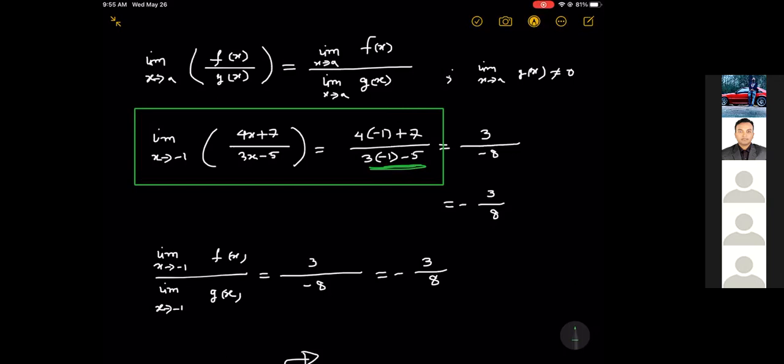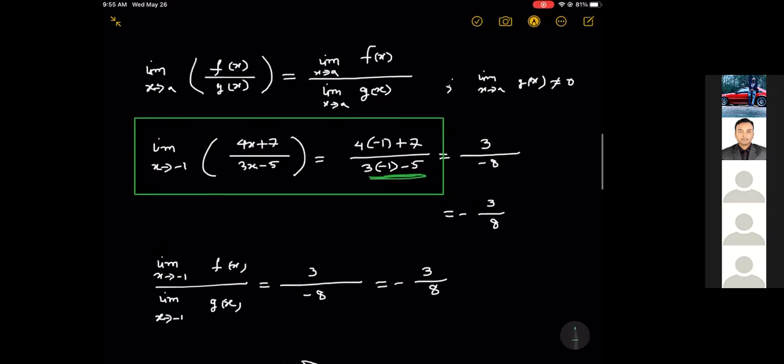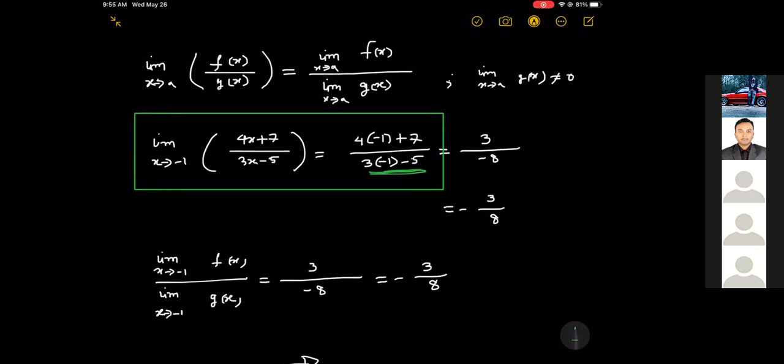Any question from it? Anyone? Any question? Again, it's only applicable as long as the denominator doesn't become 0 if you plug in the value.